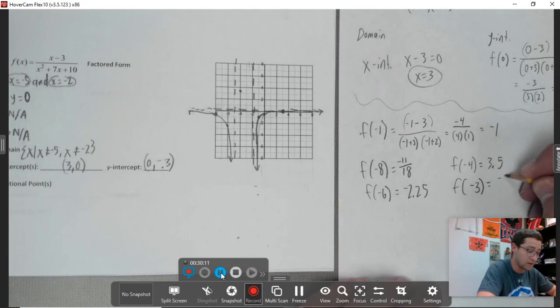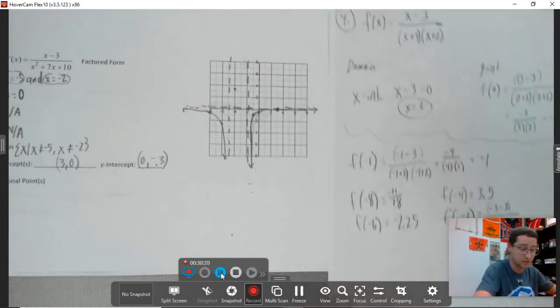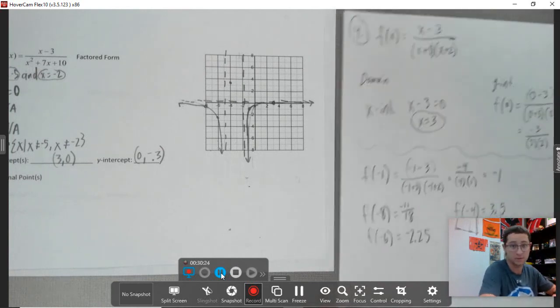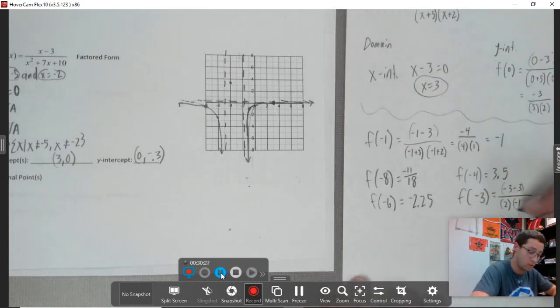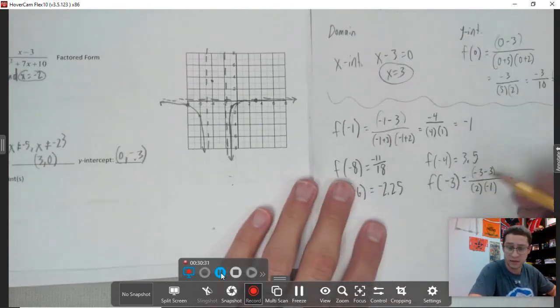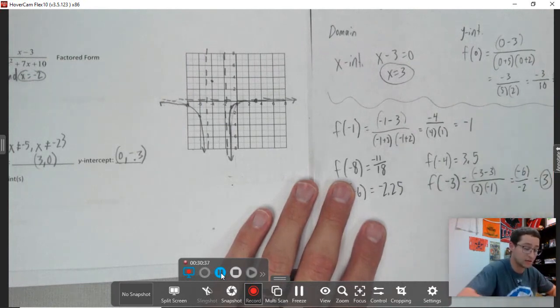So we've got -3 minus 3 on top. And then on the bottom, we've got -3 plus 5. That's 2. And then -3 plus 2. That's -1. So on top you end up with -6, but then over -2, so this one actually gets you exactly 3.